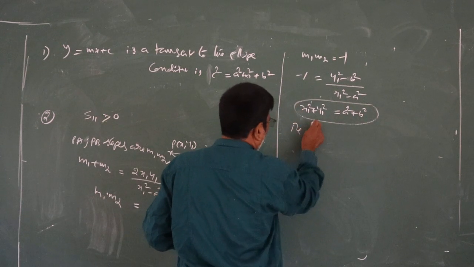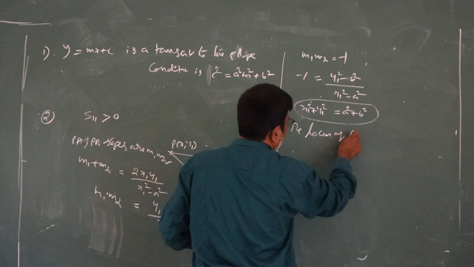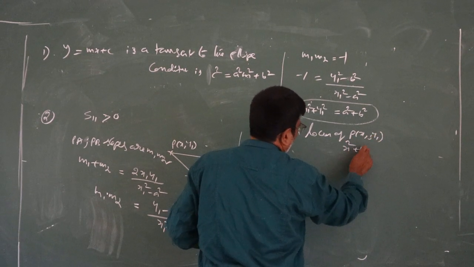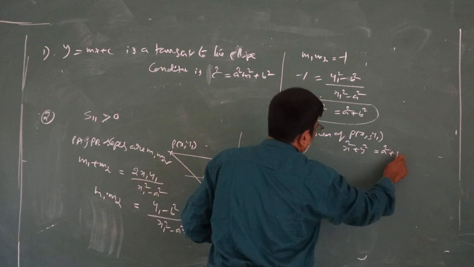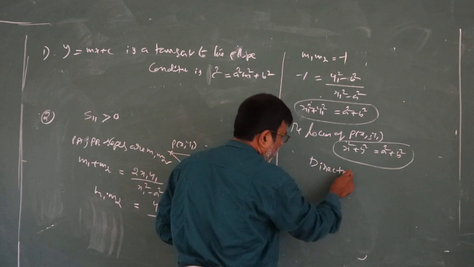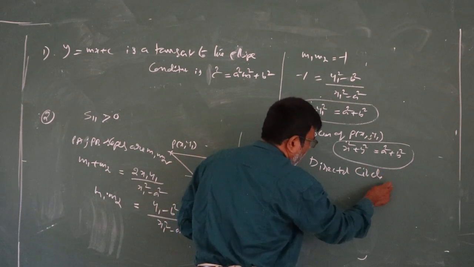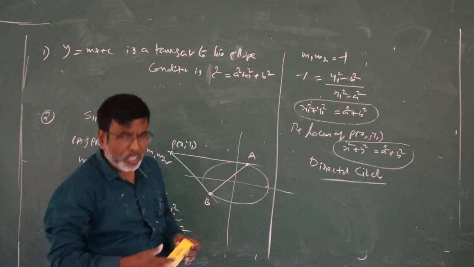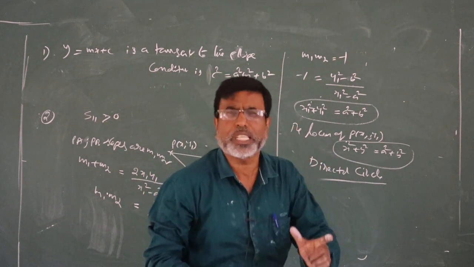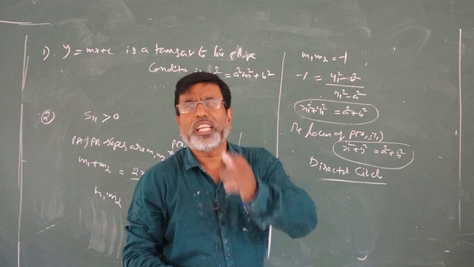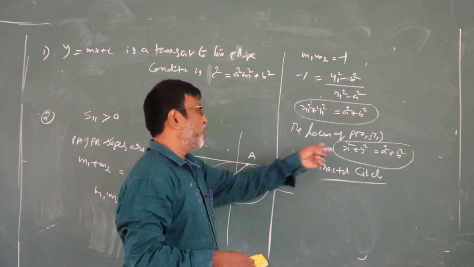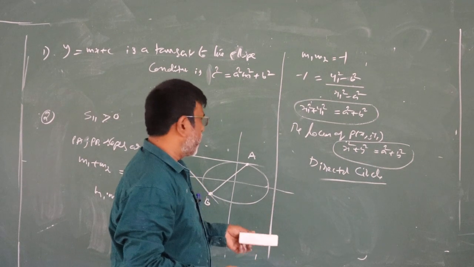So the locus of P(x1, y1) is x square plus y square equal to a square plus b square. This is called the director circle, remember that. The locus of perpendicular tangents of an ellipse is the director circle, and the equation is x square plus y square equal to a square plus b square.